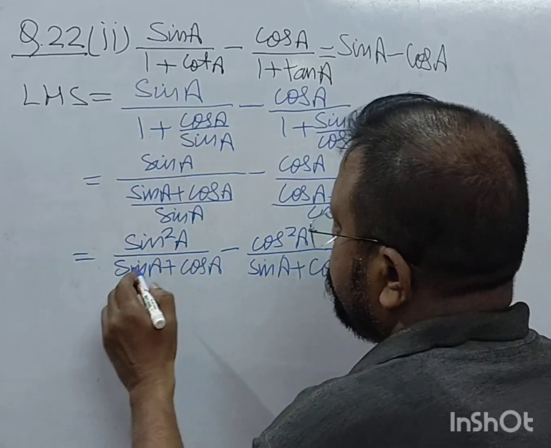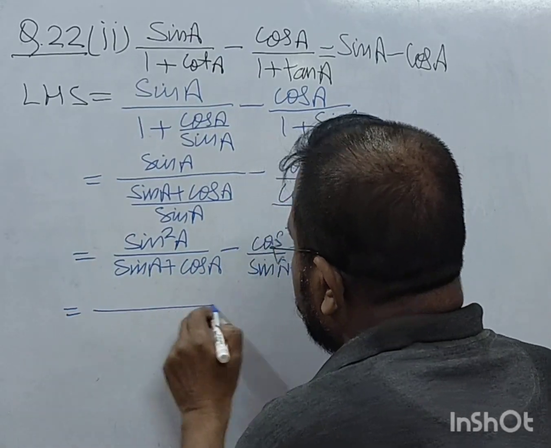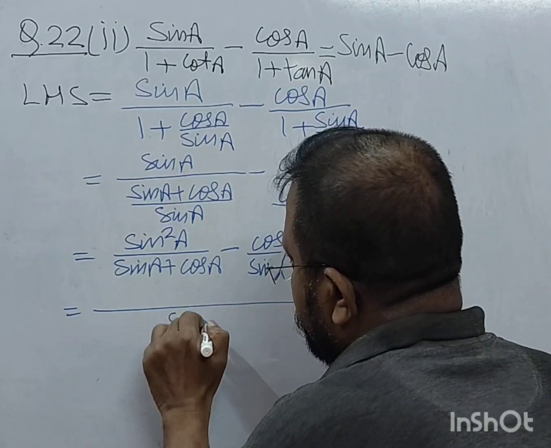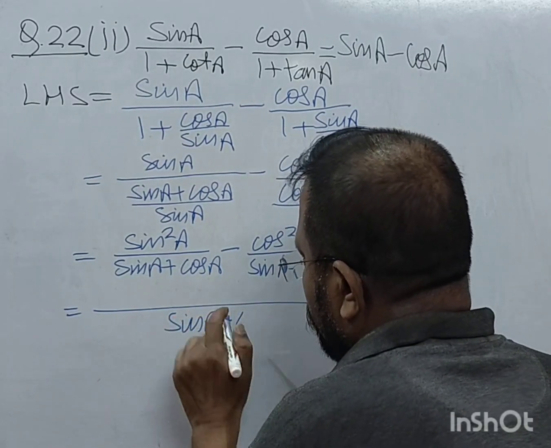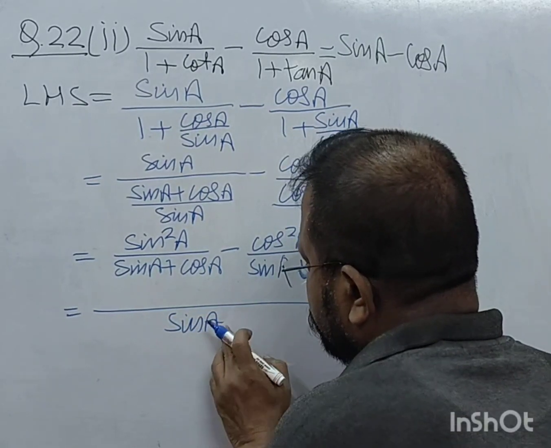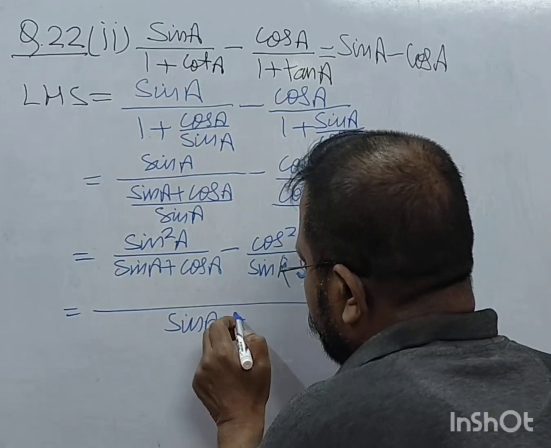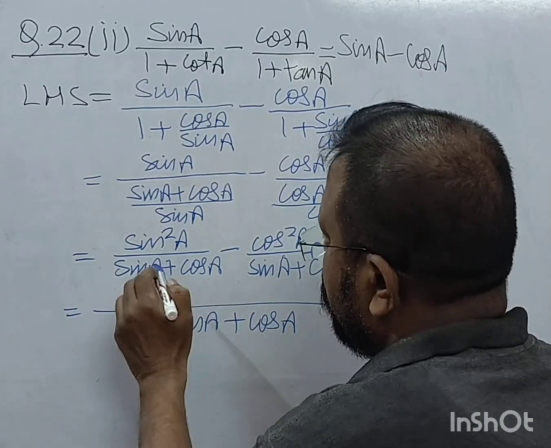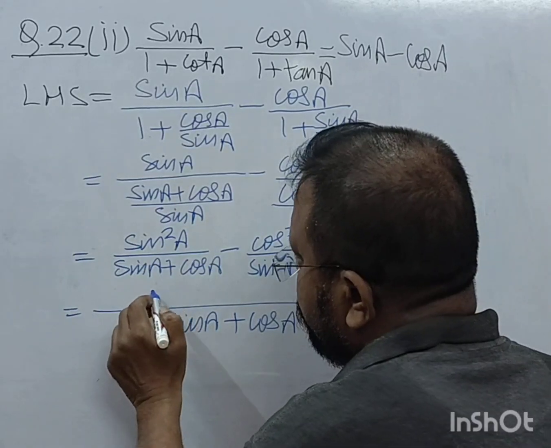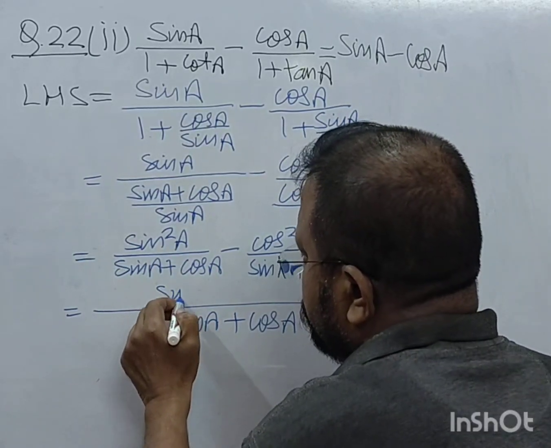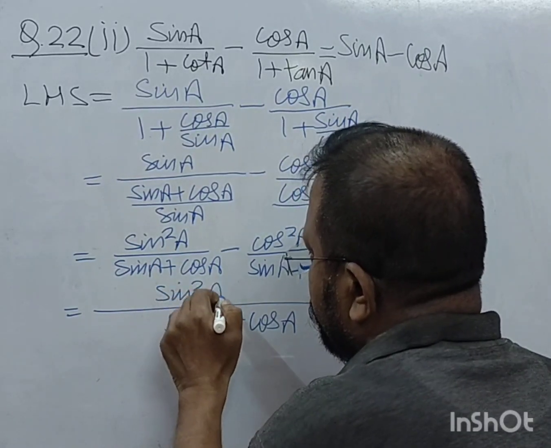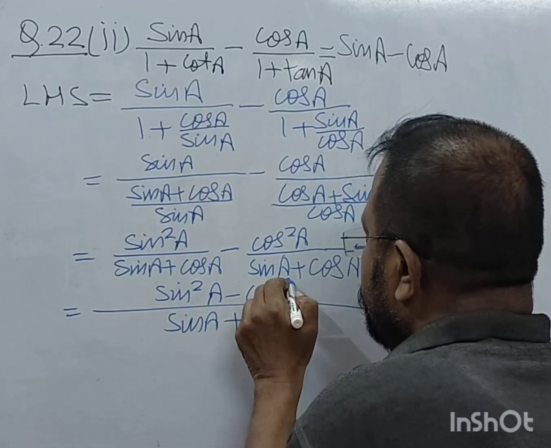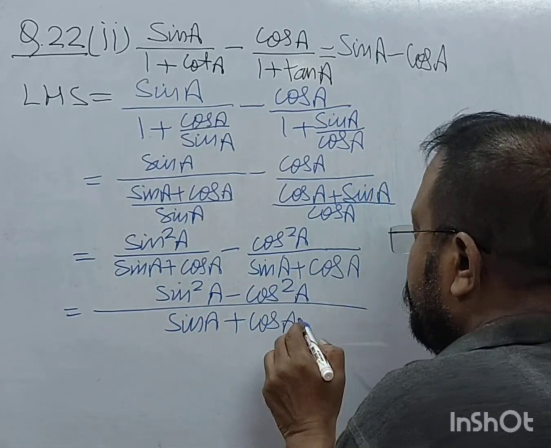Right? We have this. Now we have taken sin A plus cos A, so this is cancelled out. This will be sin square A minus cos square A. Right?